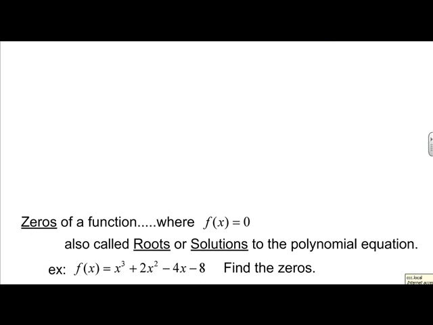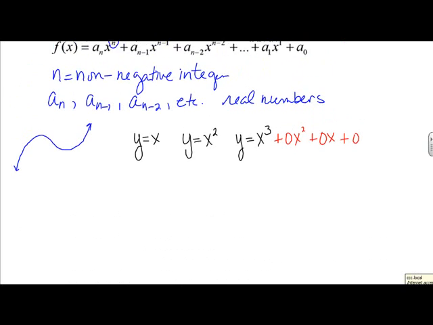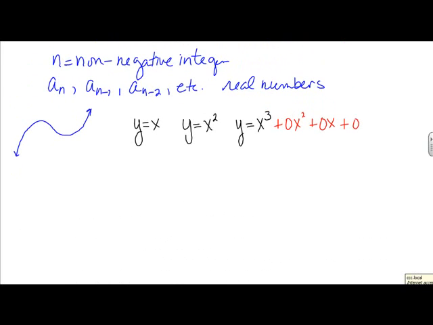But you can extend your observations of the end behavior of polynomial functions to all polynomial functions, not just ones with one term. The end behavior of the graph is determined by the leading term.